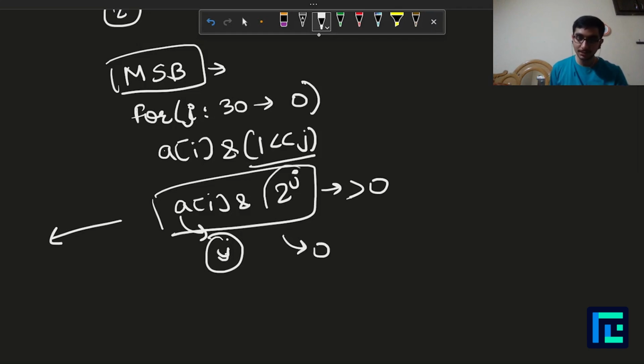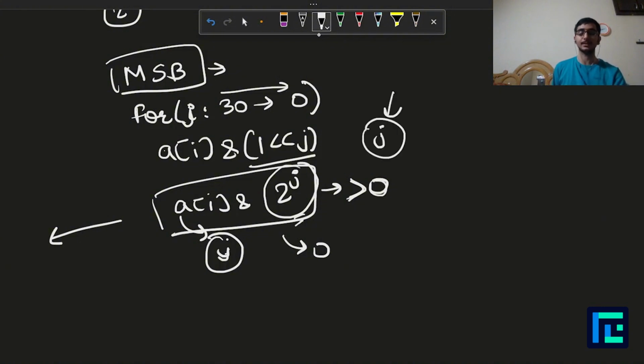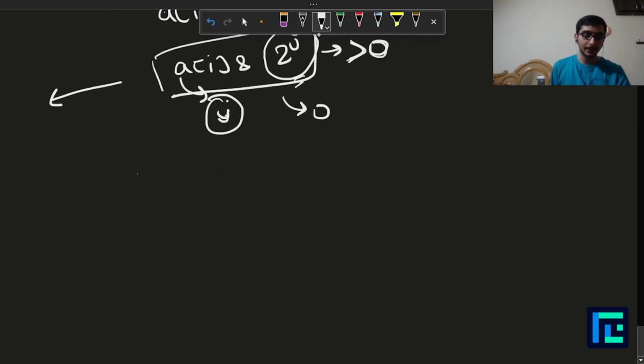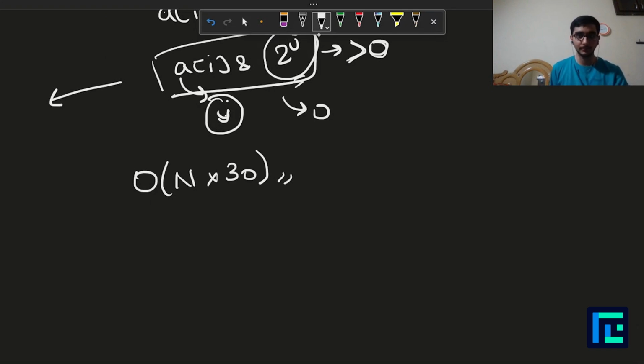So for the first j, when I move from 30 to 0, for which it returns a value greater than 0, that j is itself the position of the maximal set bit. So that means for every number, I had to run a loop of 30, right?